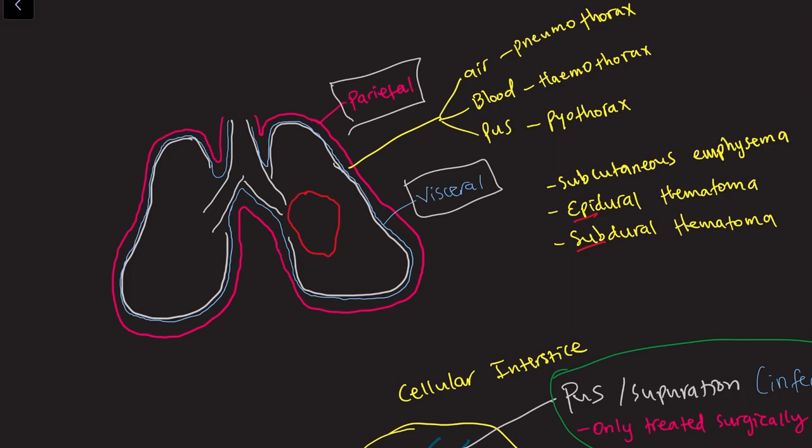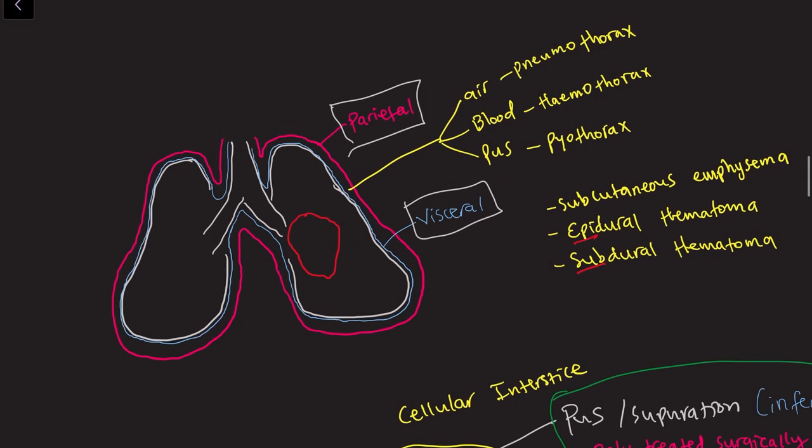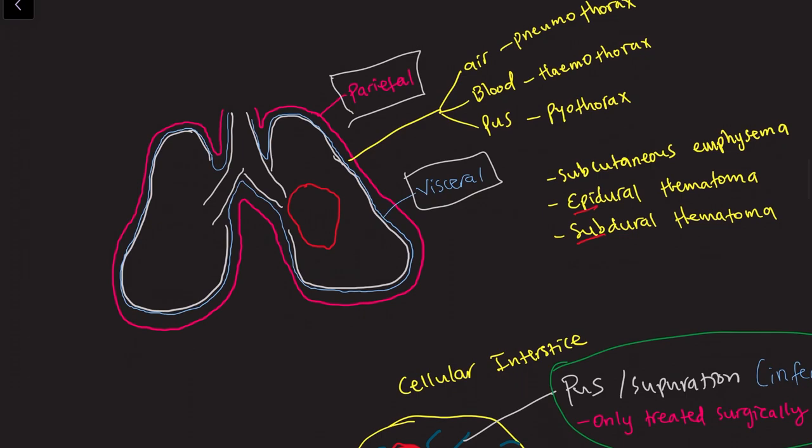Now, you need to be very much aware of this space. You need to have a good knowledge of this space. Why? Because this space can be potentially filled with air, blood, and pus. And if it's filled with air, of course, now you have pneumothorax, right?